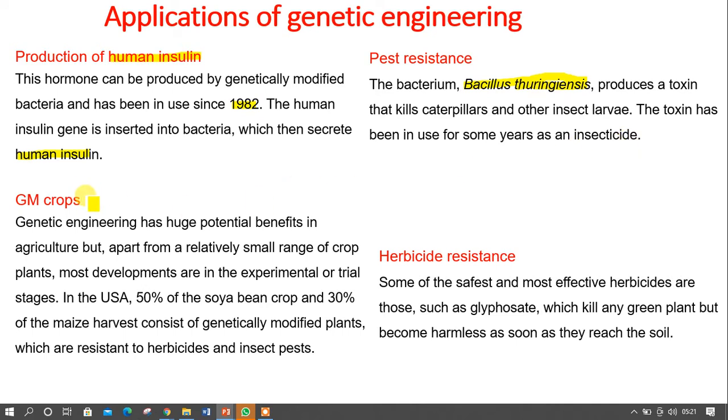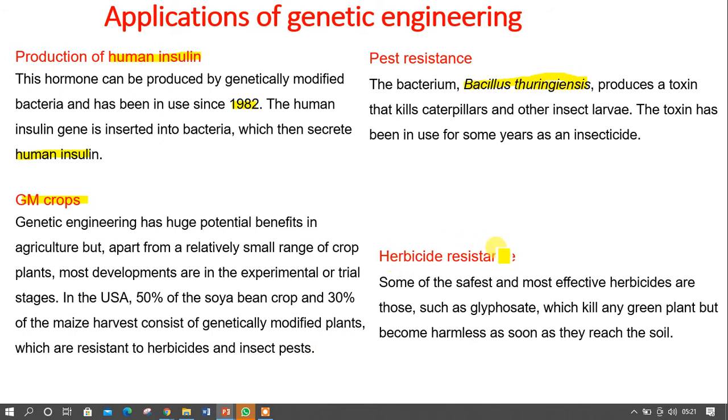Genetically modified crops: genetic engineering has huge potential benefits in agriculture, but apart from a relatively small range of crop plants, most developments are in the experimental or trial stage. In the USA, 50% of the soya bean crop and 30% of the maize harvest consist of genetically modified plants, which are resistant to herbicides and insect pests.